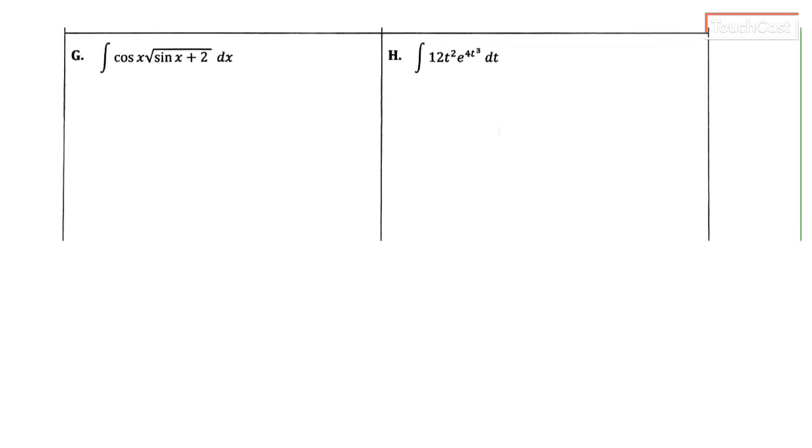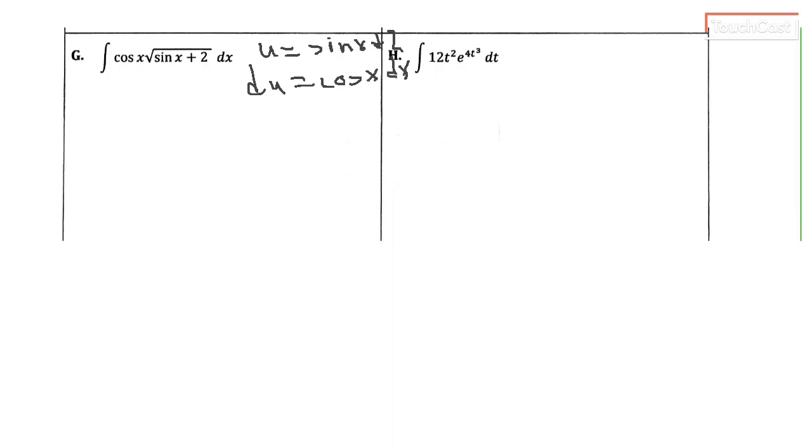Alright, so g and h. We have the integral of cosine x times the square root of sine x plus 2. So I'm going to go u can equal the sine of x plus 2, because I know when I take the derivative then of u, I'm going to just get cosine x with respect to x.